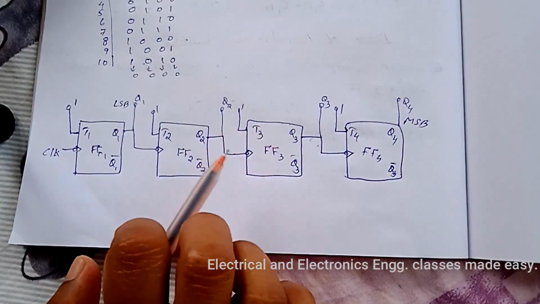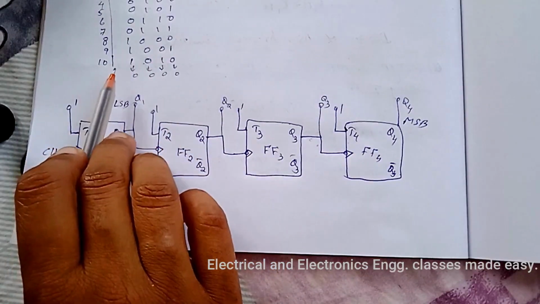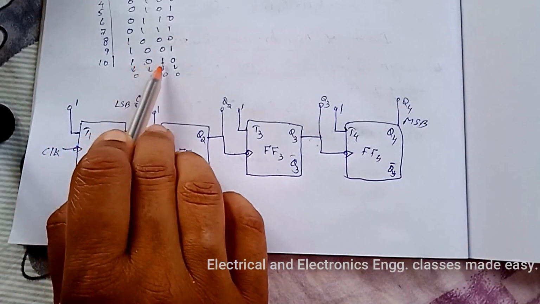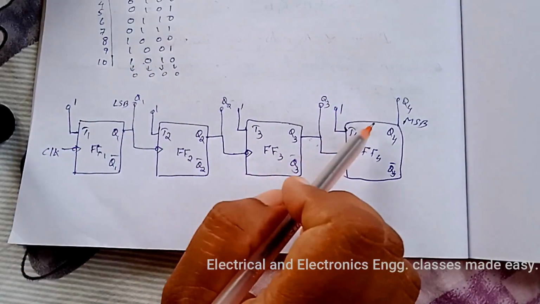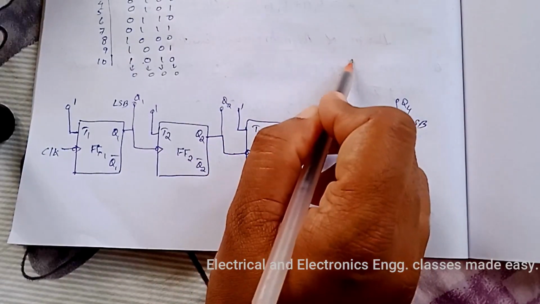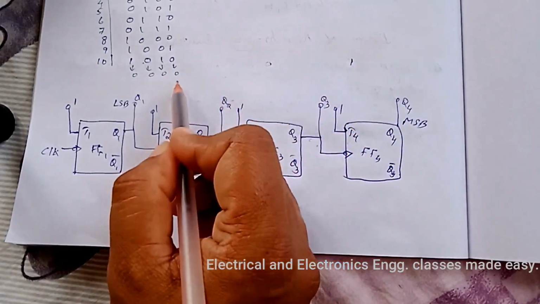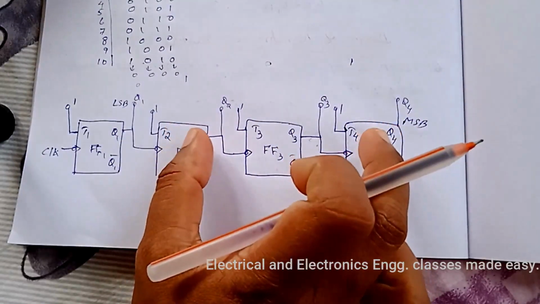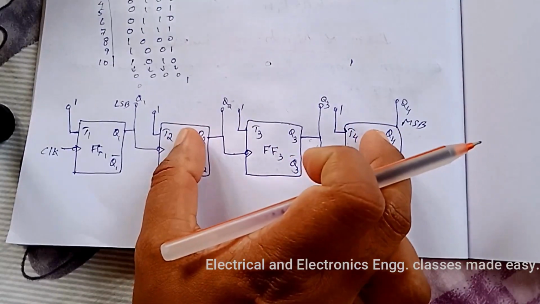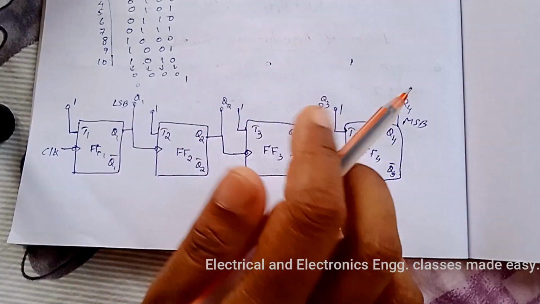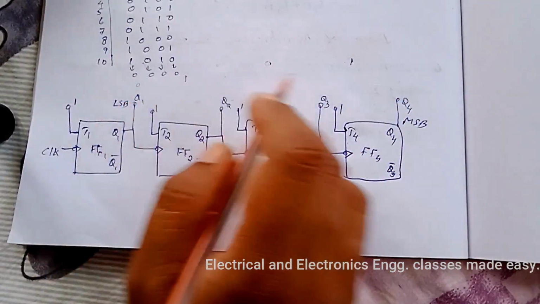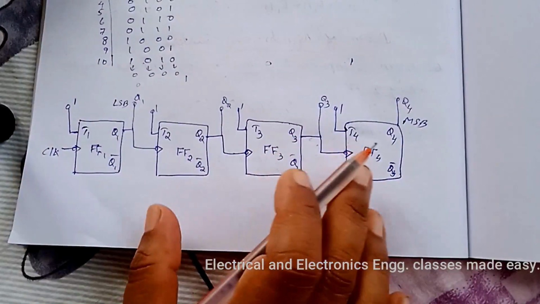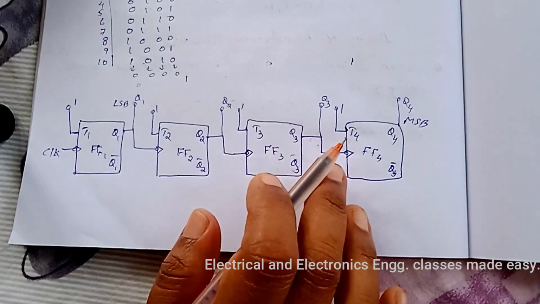So here when the 10th clock pulse comes, that is 1010, 10 means this is 1, 0, 1, 0. So we have to reset these two values of 1, 1. That is when 1010 comes, we have to reset the flip-flops, all the flip-flops.